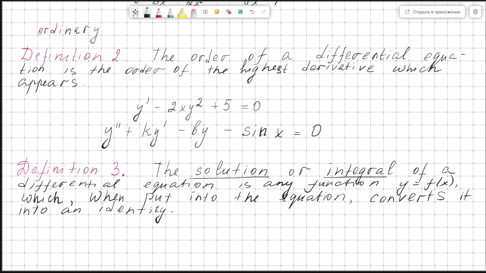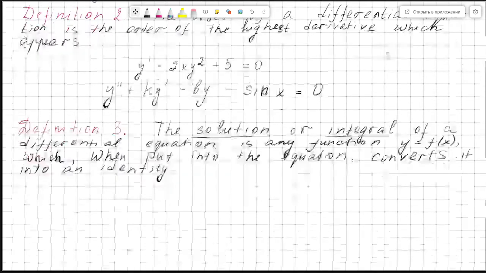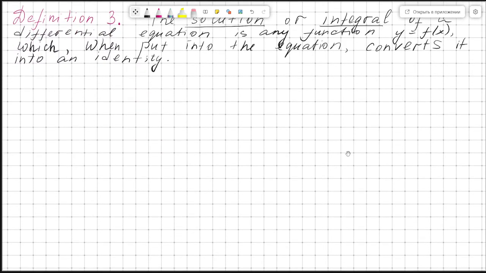For example 1. Let there be an equation, the second derivative of y with respect to x plus y is 0.